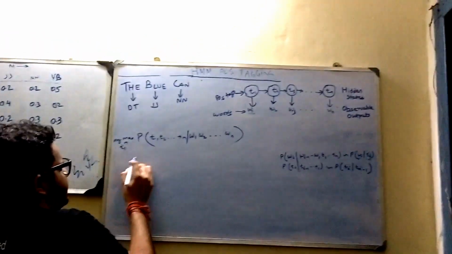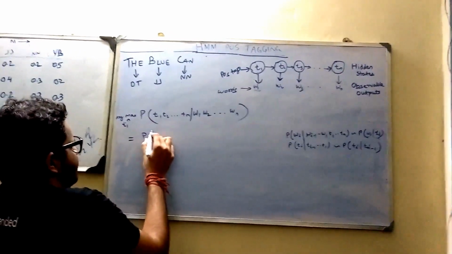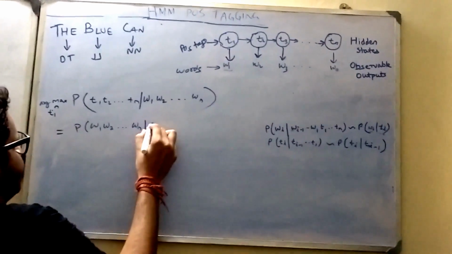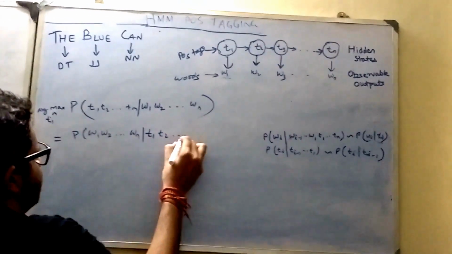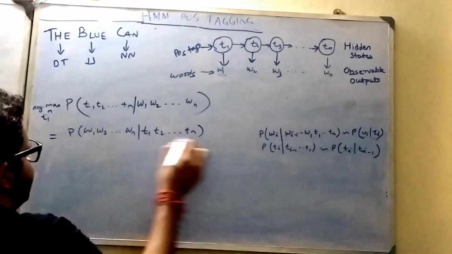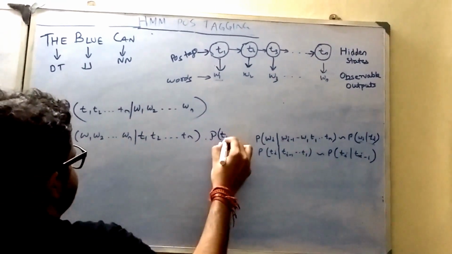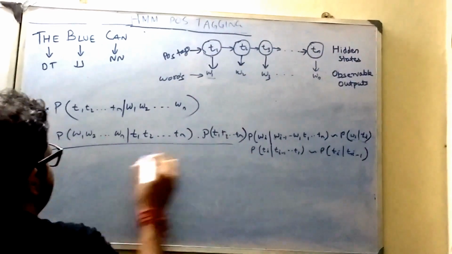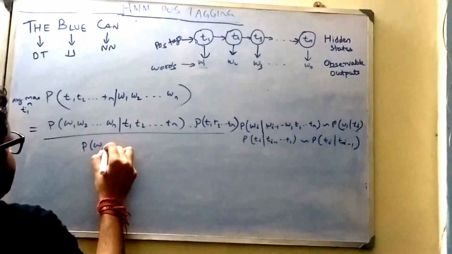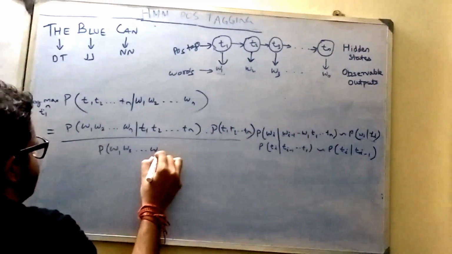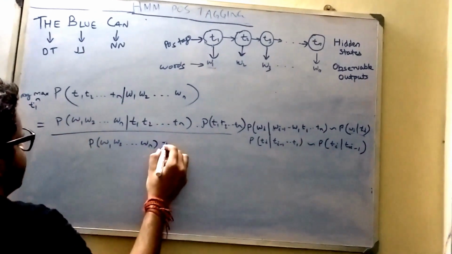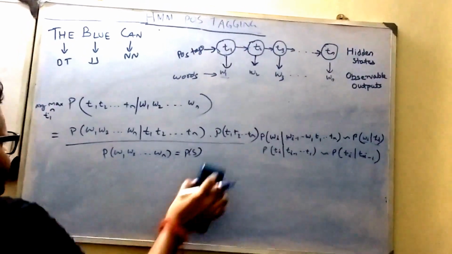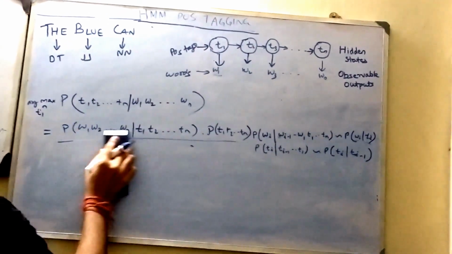Using Bayes' rule, we can write this as probability of w1, w2 till wn given t1, t2 till tn times probability of t1, t2 till tn upon probability of w1, w2 till wn. This denominator is nothing but probability of the sentence which is fixed. So we can simply ignore or remove this from our calculations.